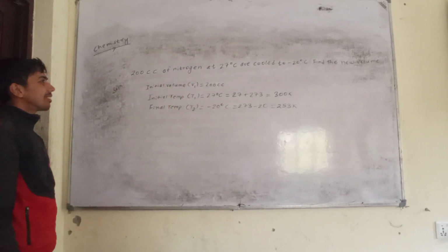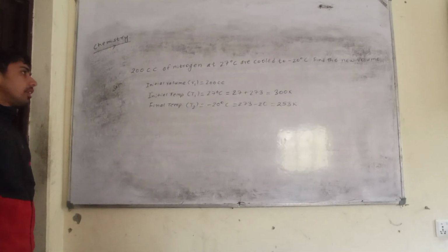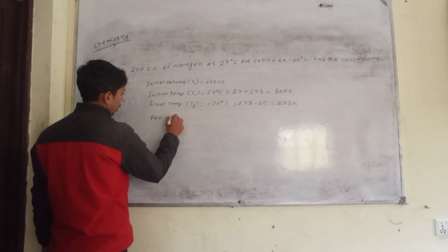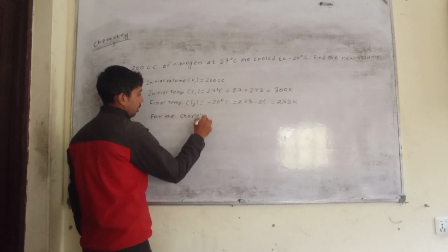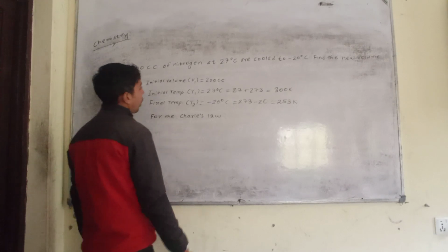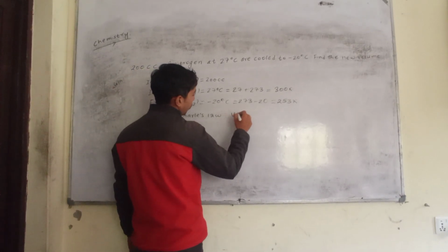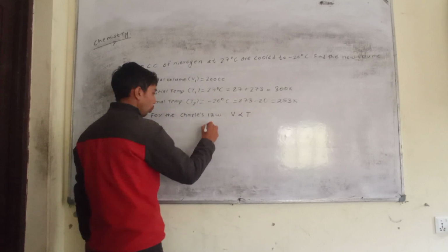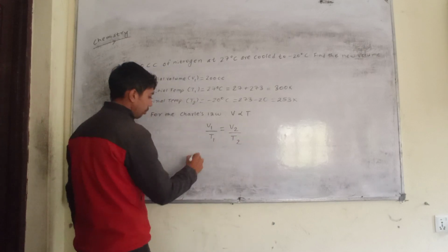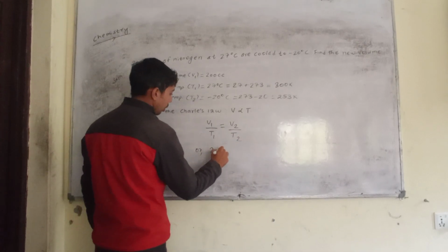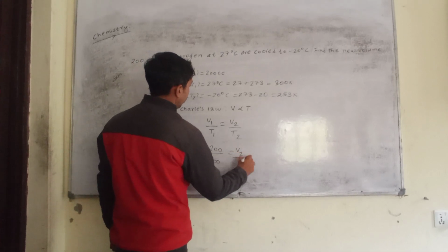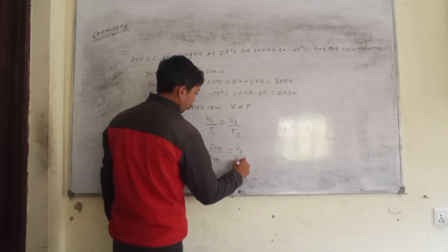So in this case we need to apply Charles' law because the pressure is constant here. Further, Charles' law says V is directly proportional to T. So V1 upon T1 equals V2 upon T2, where V1 is 200, T1 is 300, V2 we need to find out, T2 is 253.